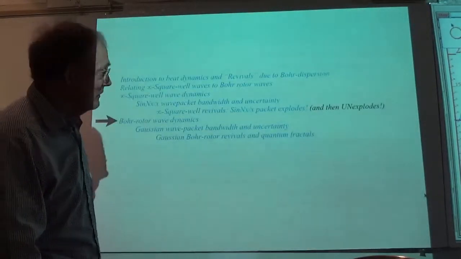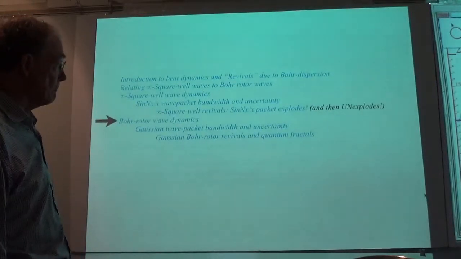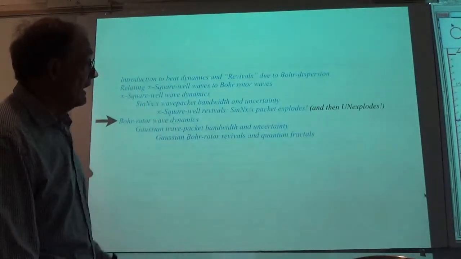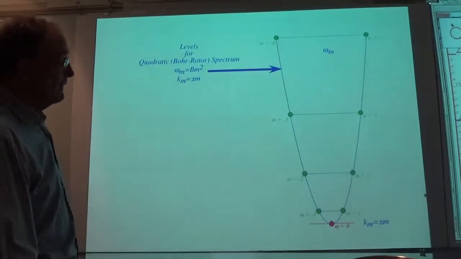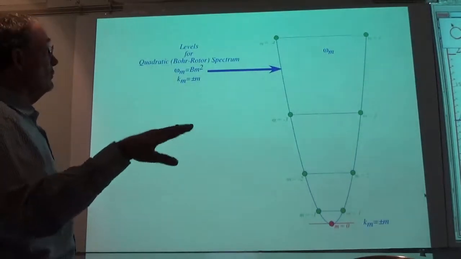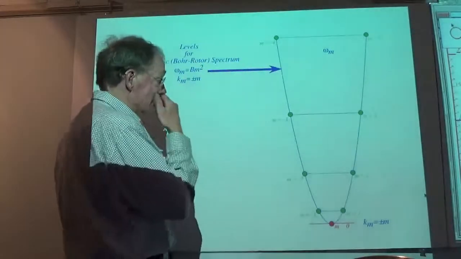So this is what we need to do. We need to look at Bohr rotor wave dynamics. But there's a little issue that I'd like to show first, and that is the geometry of that question that you asked. Why do my group velocities go up linearly?